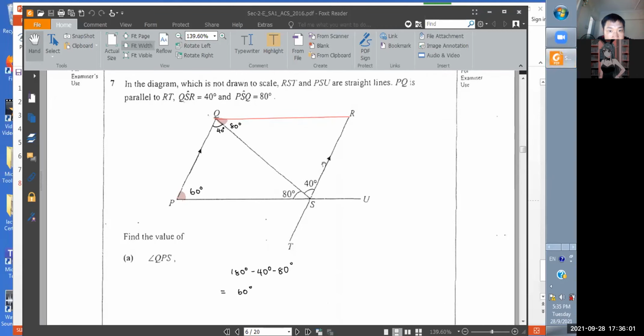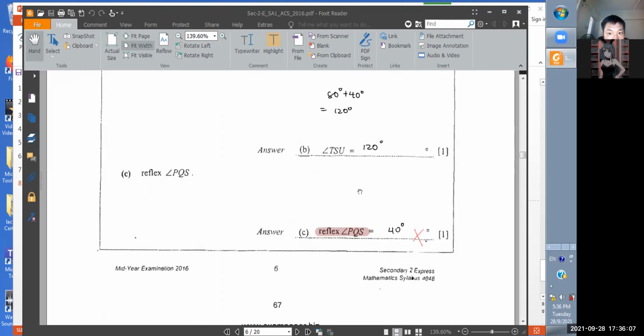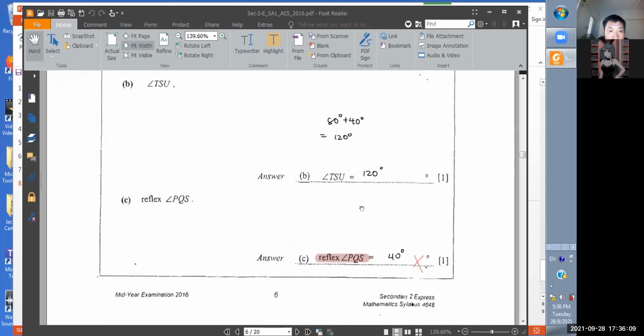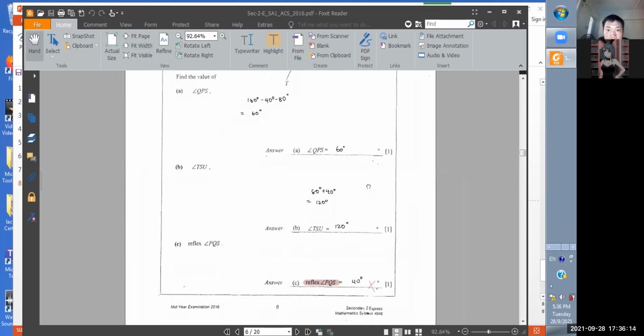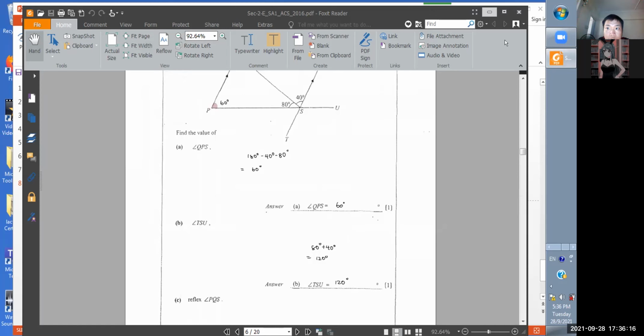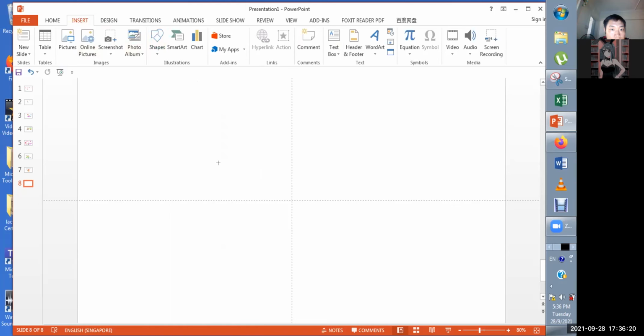Any question on question 7? I think the last one. Reflex. Do you know what's the meaning of reflex? No. Okay, let me give you a simple example first, because you need to know what's the meaning of reflex. I'm going to draw an angle first.